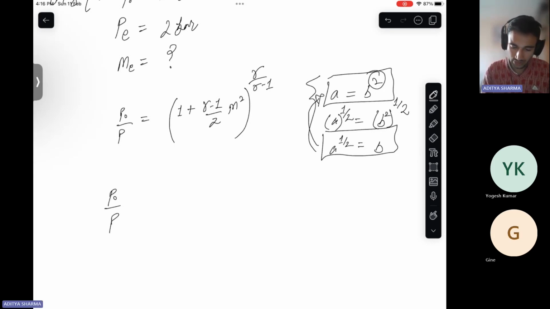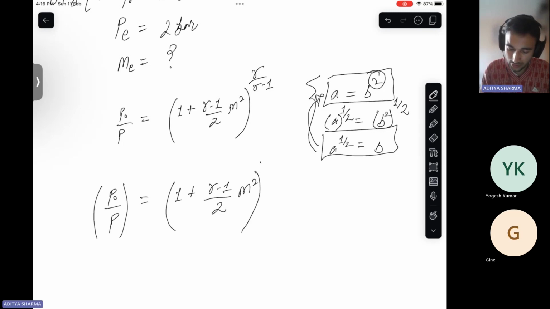Same thing I'll do here. Let's decide what the exponent should be. At present we have this, and I want the M term from here.